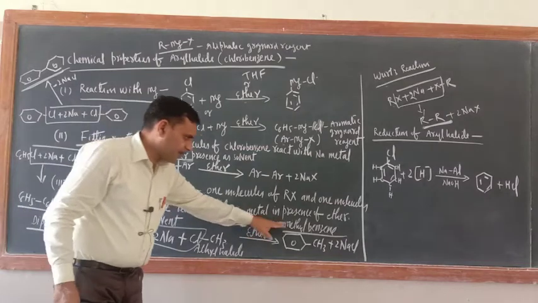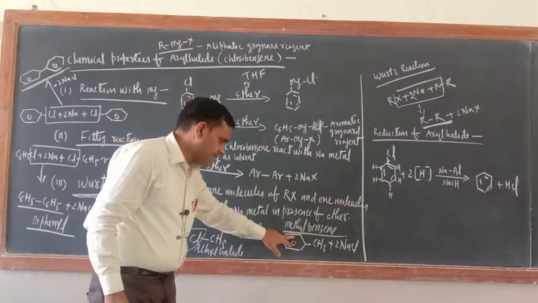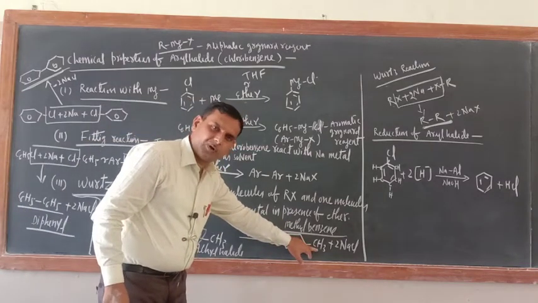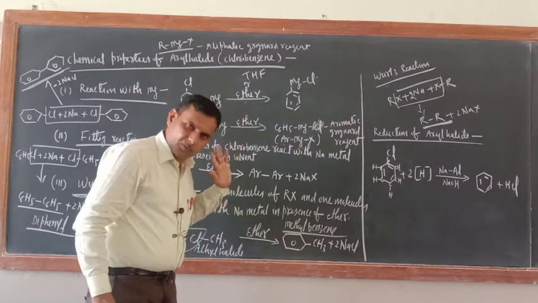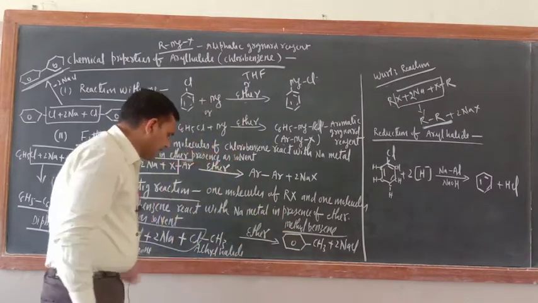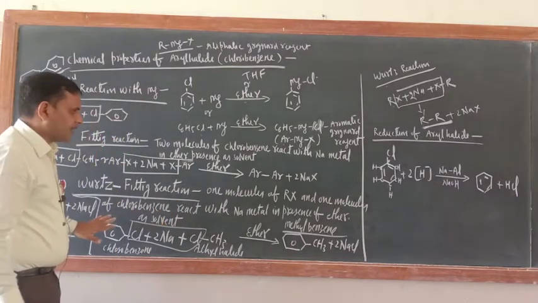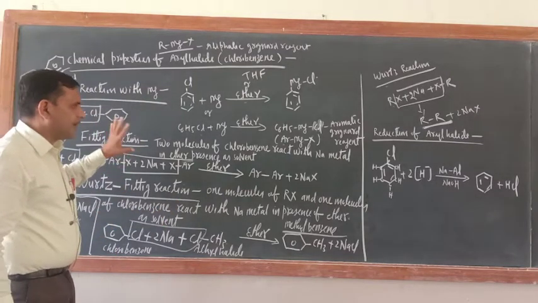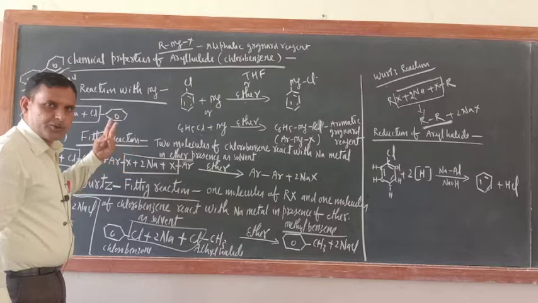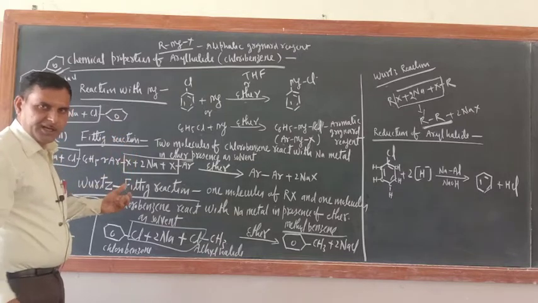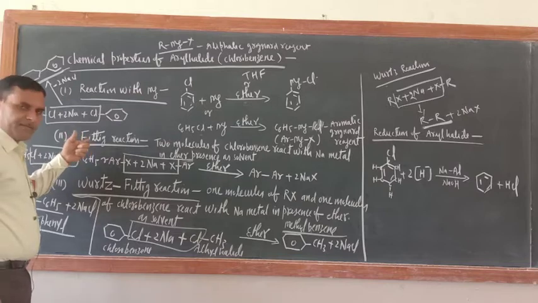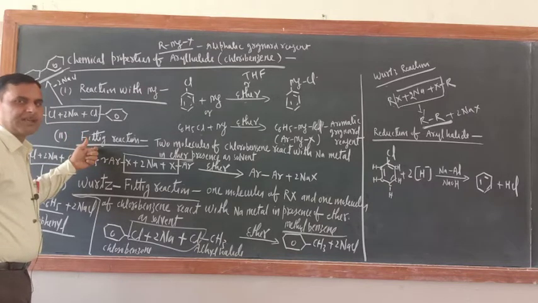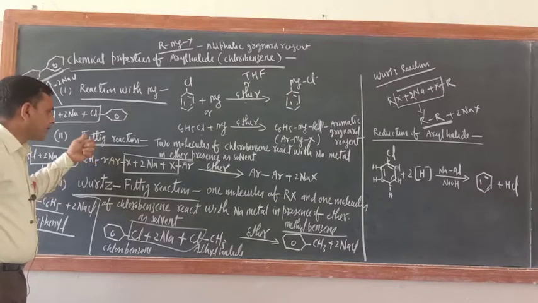Just see, methyl benzene means this is the aryl group, this is the alkyl group, okay, plus 2NaCl. So remember this one, okay. So we can get 2 joined aromatic benzene rings when we subject 2 molecules of chlorobenzene to the Fittig reaction.